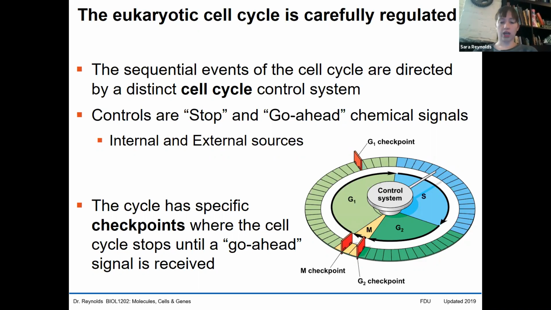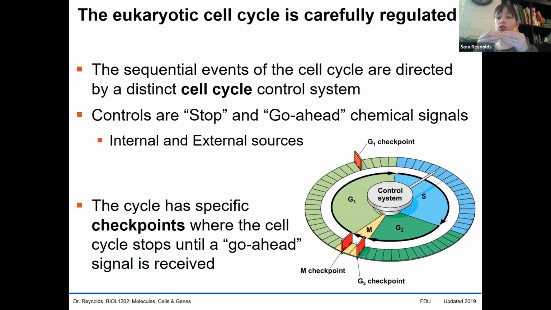The M checkpoint during mitosis is actually the metaphase plate. So even though we don't refer to metaphase as a checkpoint in and of itself, it really is. So you can't go through the process of cleaving those cohesins in anaphase unless you've actually had that alignment of all the chromosomes on the metaphase plate.